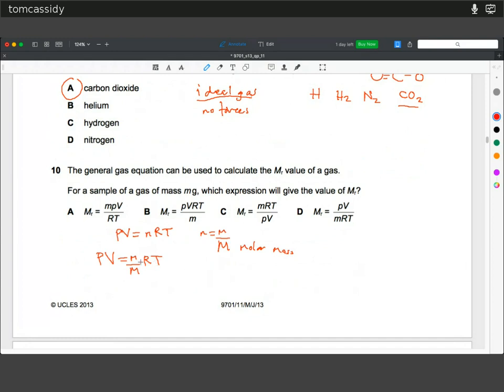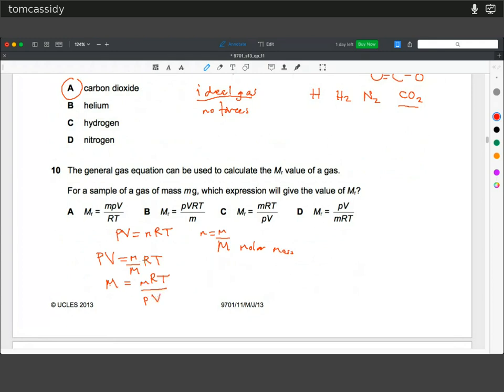And if I arrange all of that to make M, the molar mass, the subject of the equation, molar mass is there, and I've got the mass, the universal gas constant, the temperature in Kelvin, and I've divided both sides by the pressure and the volume.